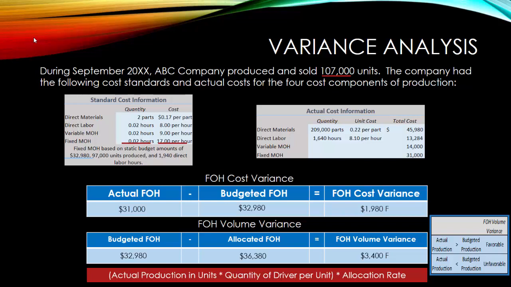So even though we allocated more overhead to this, that's good, because that means we made more units during the period. So since our actual production of 107,000 units was greater than our budgeted production of 97,000 units found at the bottom of our standard cost information, our fixed overhead volume variance has to be favorable. Good luck on your quiz, everybody.